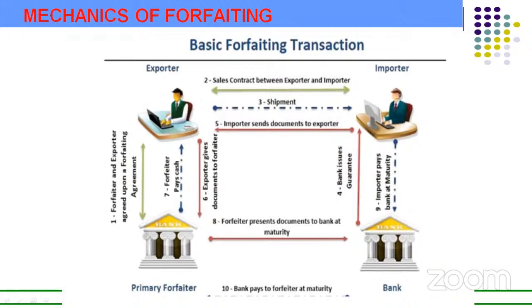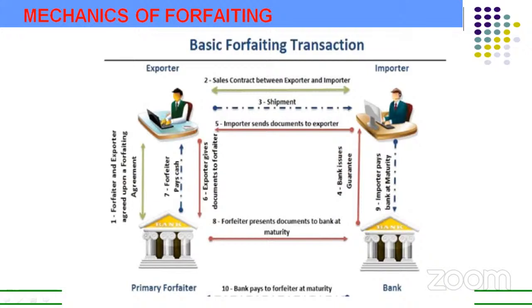See, in the case of factoring, when he is discounting the amount with the factoring institution, when the importer defaults, the seller has to pay back whatever amount was received from the factoring company.